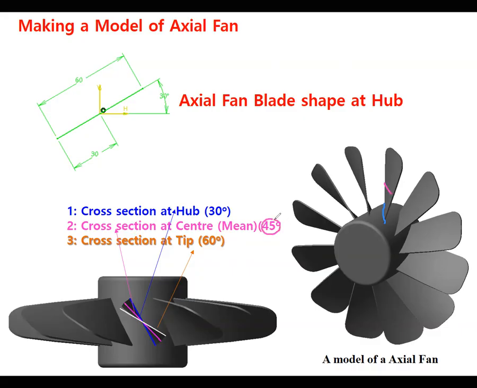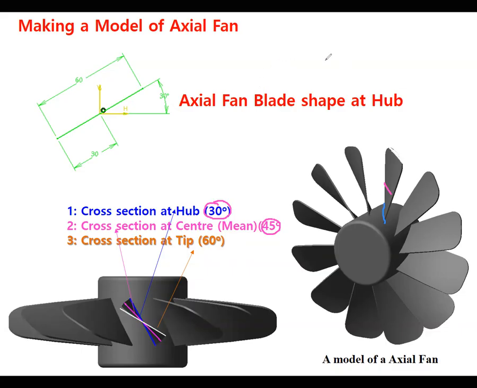These angles should come from a theoretical formula, but here I just gave random angles: 30 degrees, 45 degrees and 60 degrees. The white color line is at 60 degrees, at the tip.